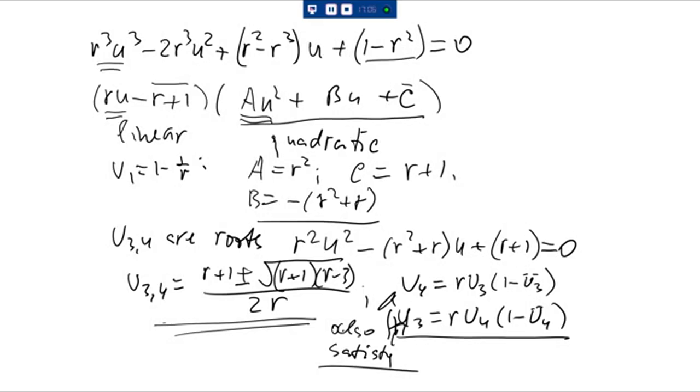Now let's talk about stability of two-periodic solutions. So two-periodic solutions are found as roots of u(n+2) equal to some function of un. And we know how we found it.